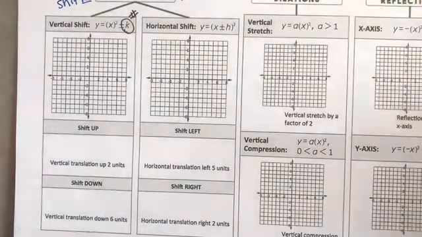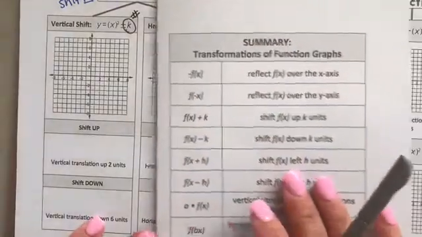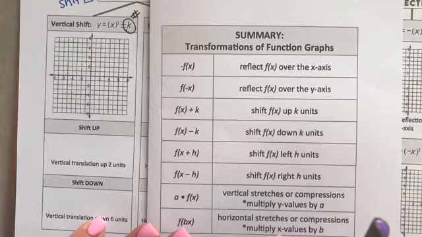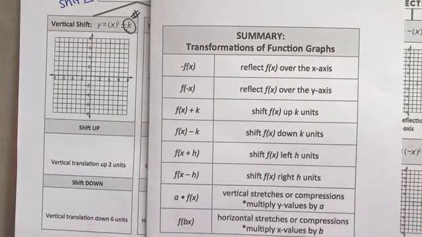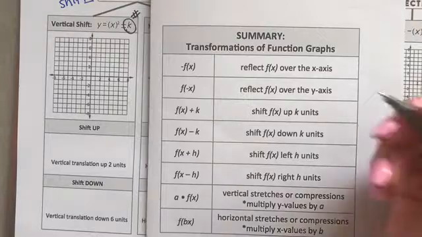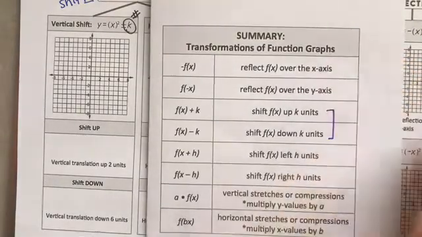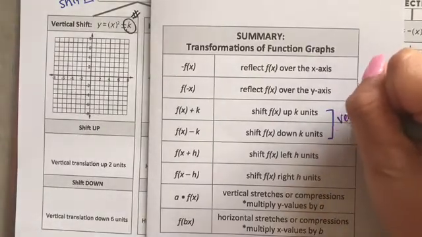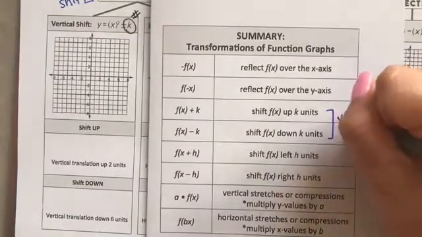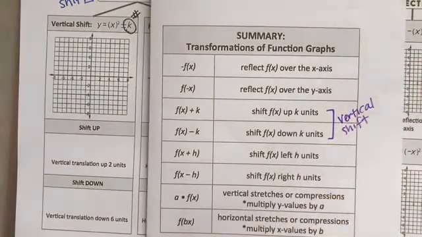When we're looking to make transformations of functions, you're going to want to use this transformation function graphs table. The first one that we're doing is a vertical shift. Remember we said that we're going to be shifting up and down, so this is vertical.